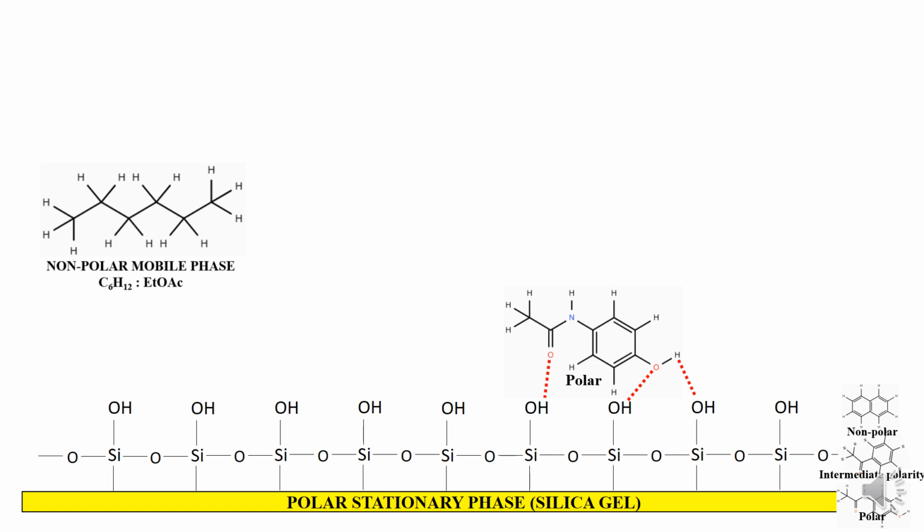So it is highly polar in nature and the functional groups interact with the polar silicon groups by hydrogen bonding. And because of this intermolecular force, its migration or movement over the stationary phase is hindered and therefore it travels a shorter distance.